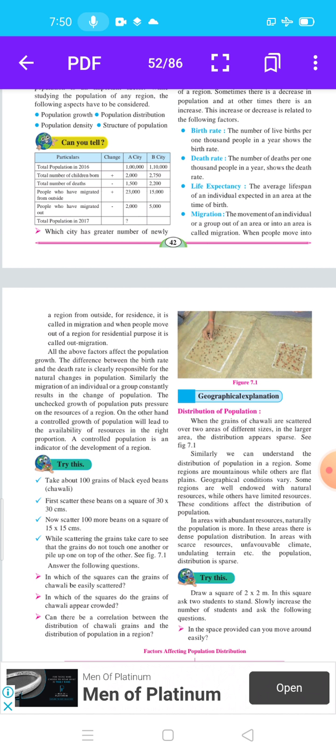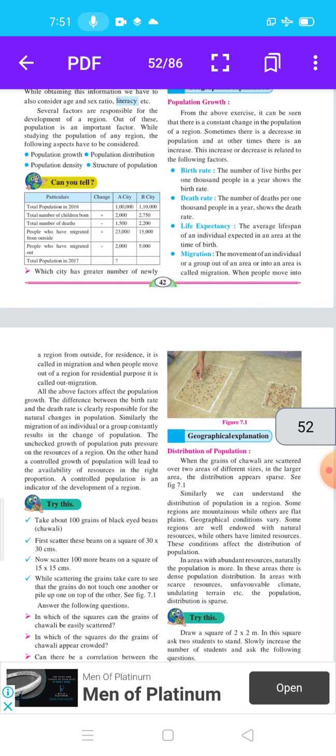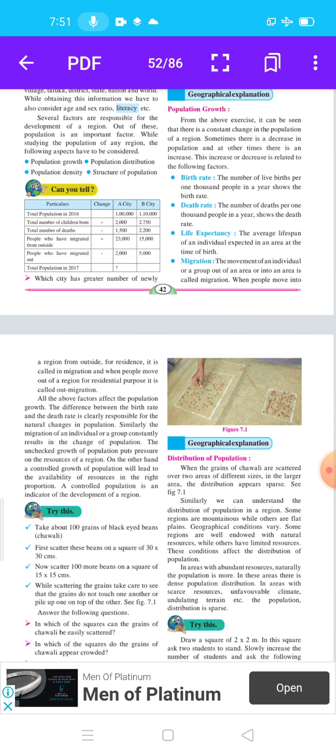Yes, student, all the above factors affect the population growth: birth rate, death rate, life expectancy and migration. The difference between the birth rate and death rate is clearly responsible for the natural changes in population.